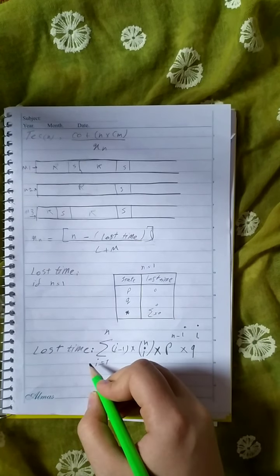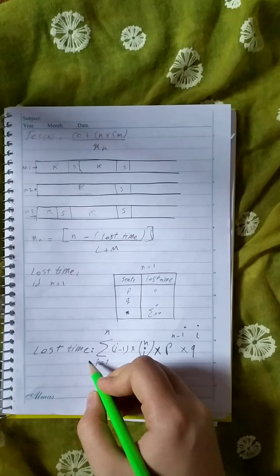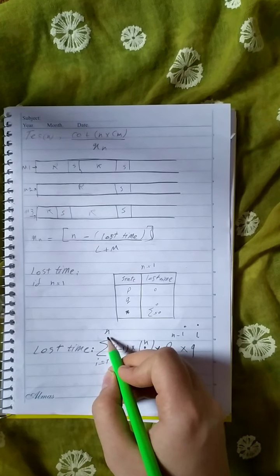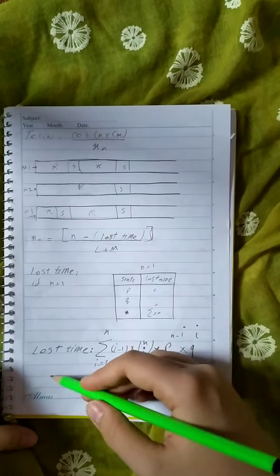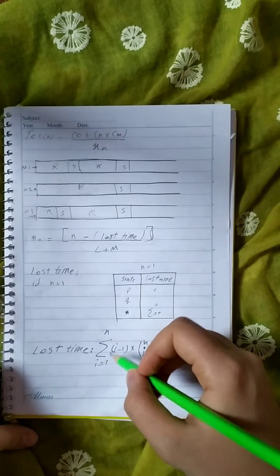After we calculate the lost time based on the N we allocate to an operator, we have to calculate this.